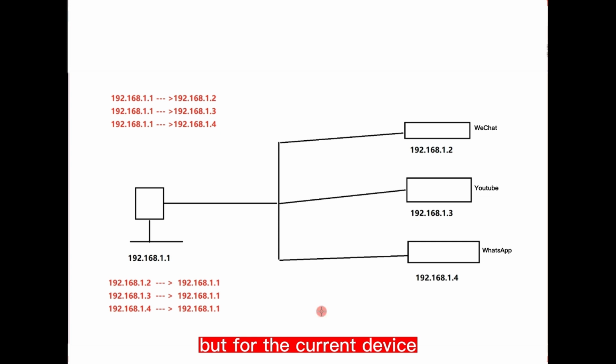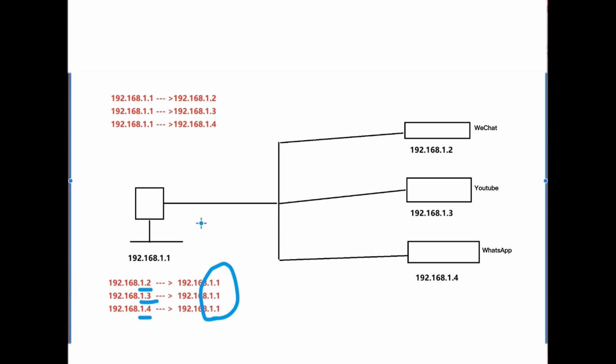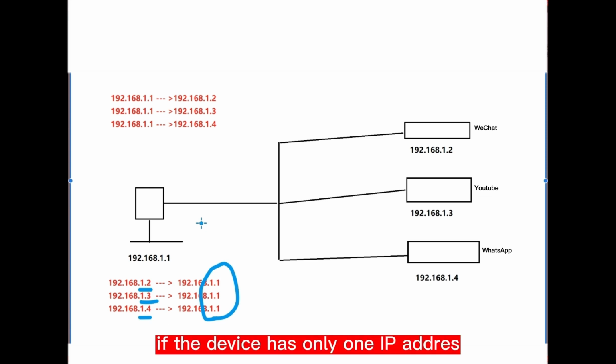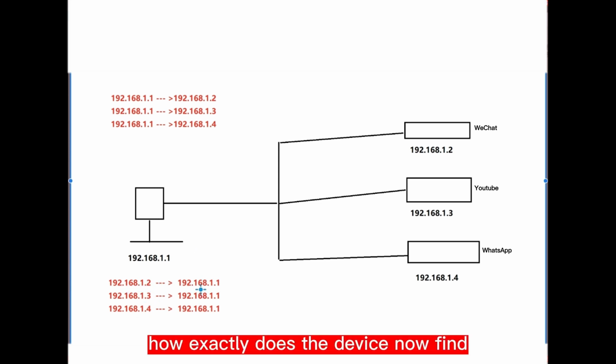But the current device received data from 3 different places at the same time. They are all different servers, but they all return to this device. If the device has only one IP address as an identifier, here comes the problem. How exactly does the device find which application this data corresponds to?